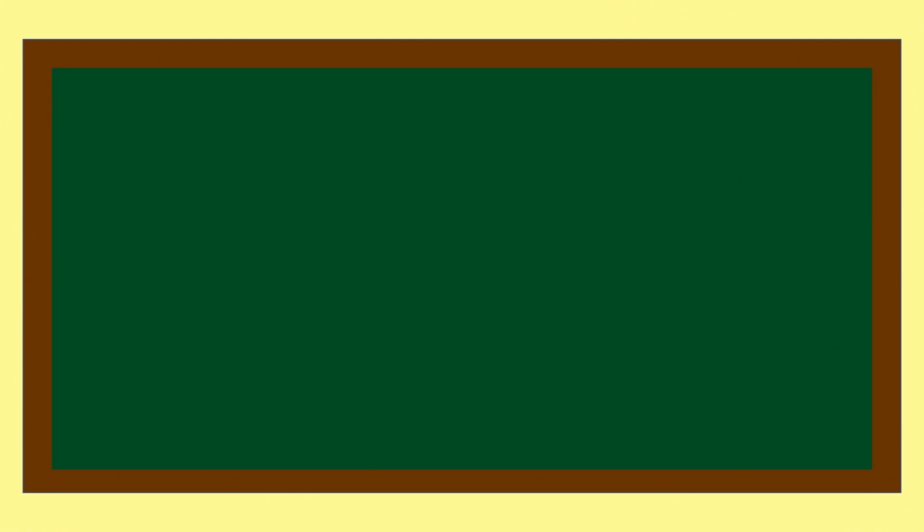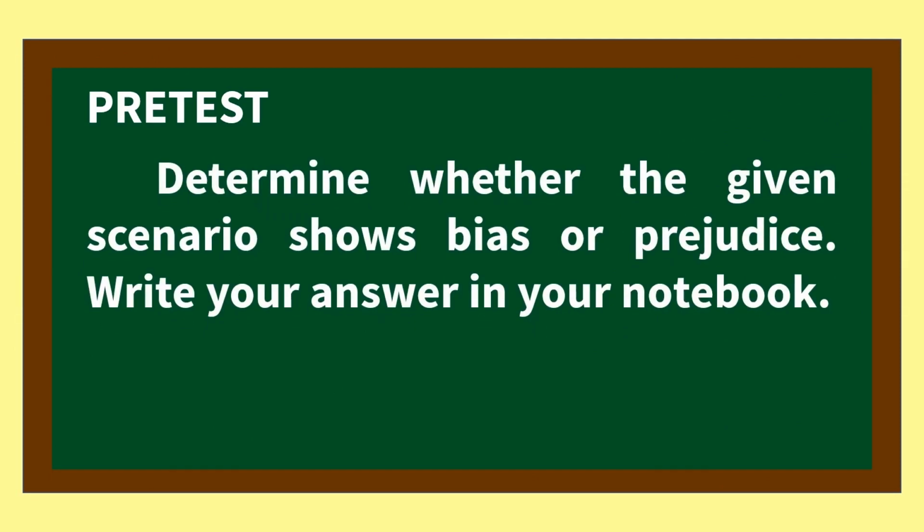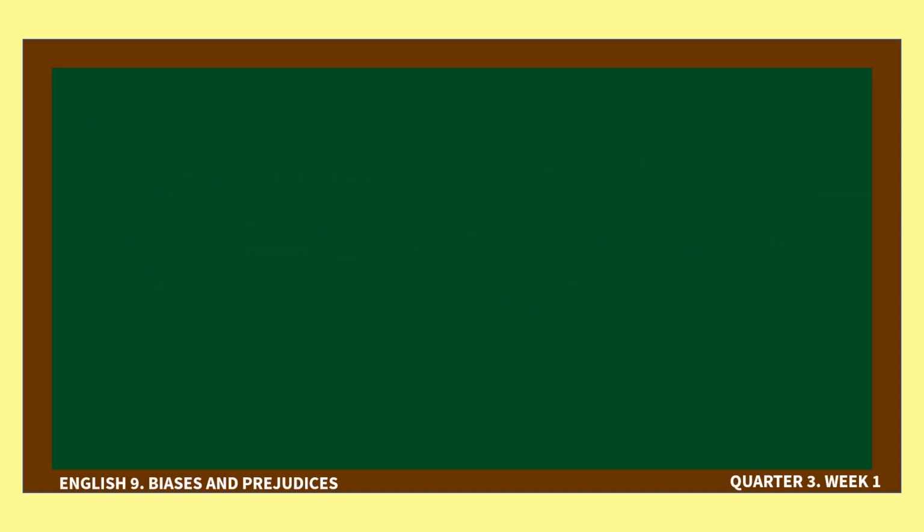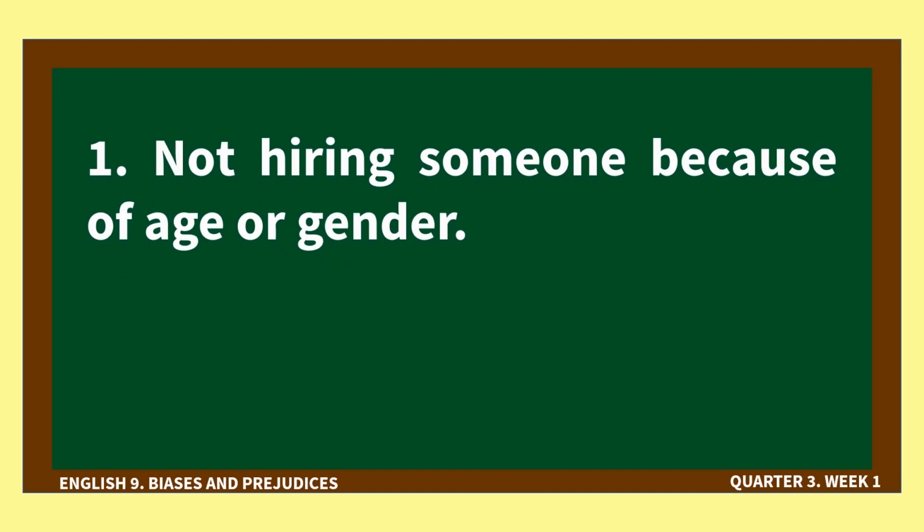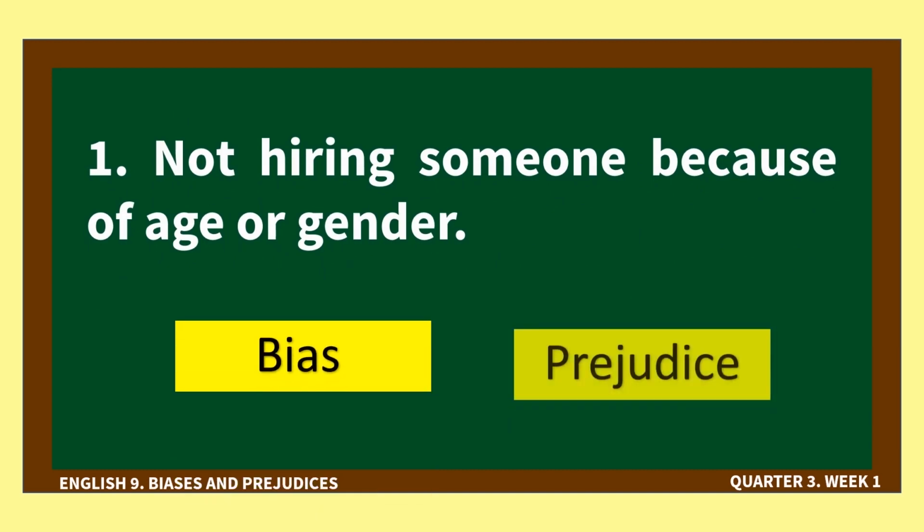Before we start our lesson, let us first assess your prior knowledge about it. Determine whether the given scenario shows bias or prejudice. Write your answer in your notebook. Number 1. Not hiring someone because of age or gender. Number 2.